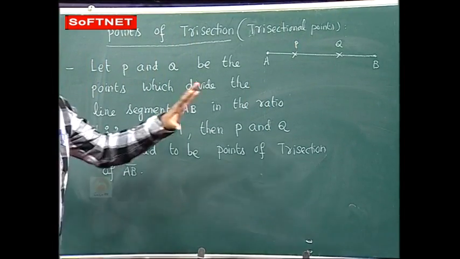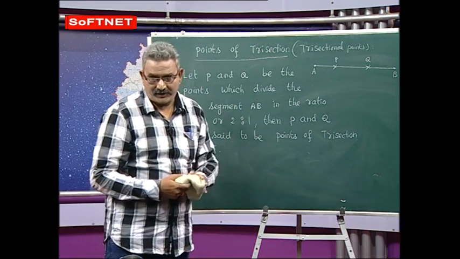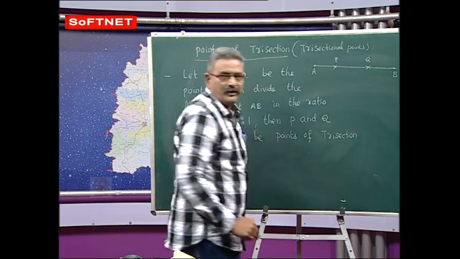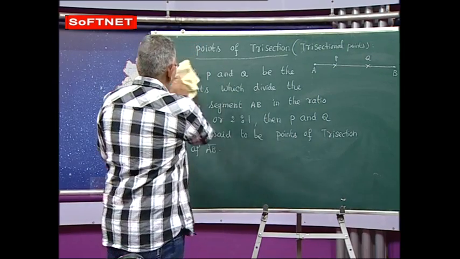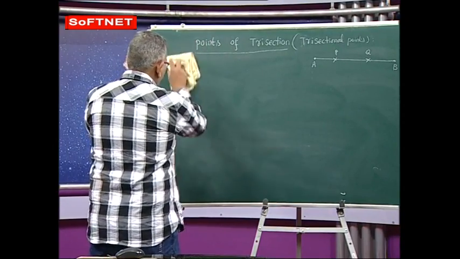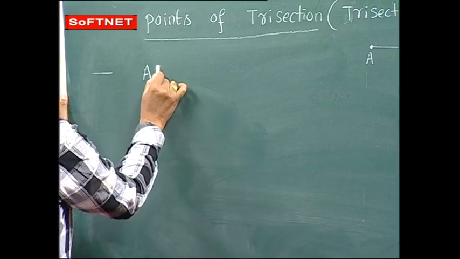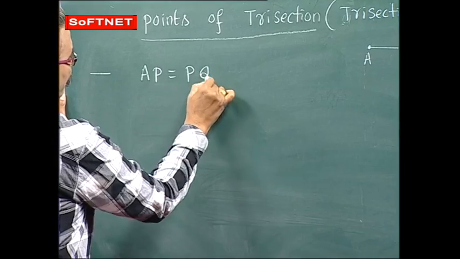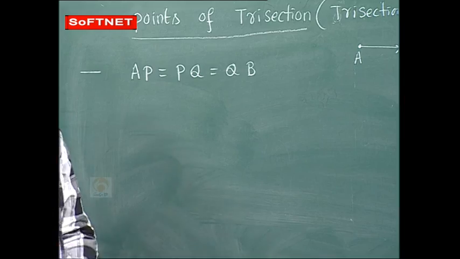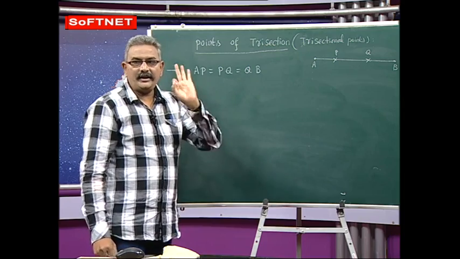So, some very important observations from these points of trisection we can write. If P, Q are the points of trisection of AB bar, we can have these observations. First observation: AP is equal to PQ is equal to QB. That means P, Q divide AB into 3 equal parts.